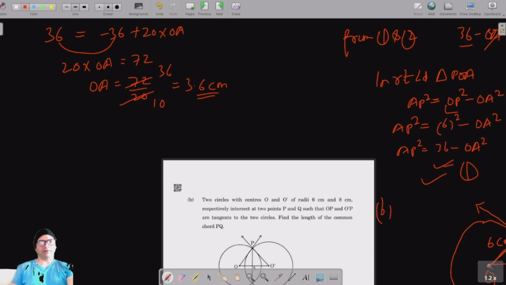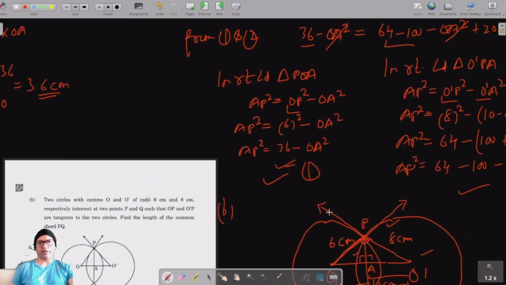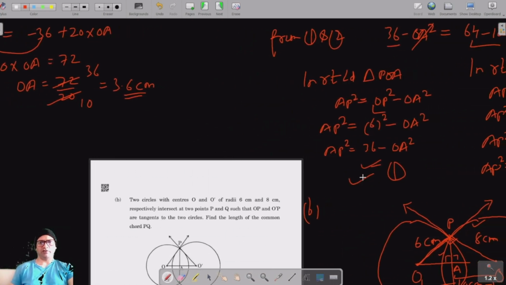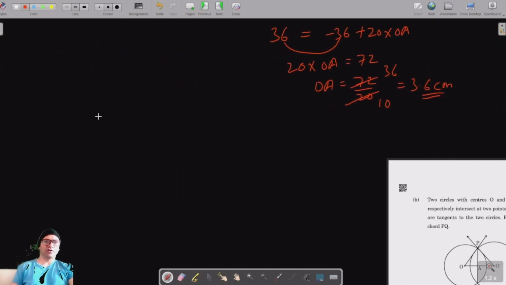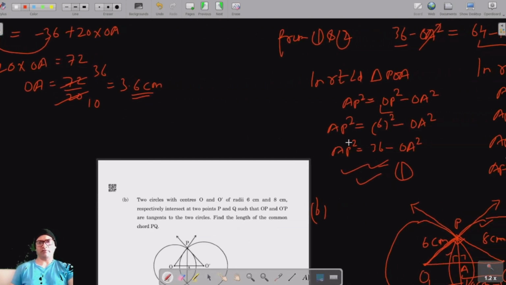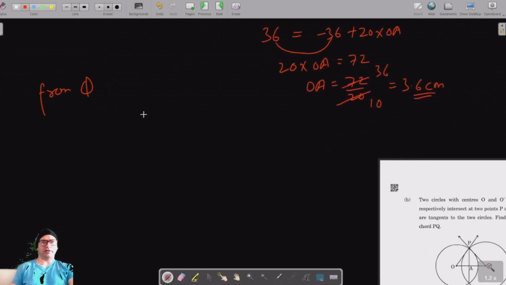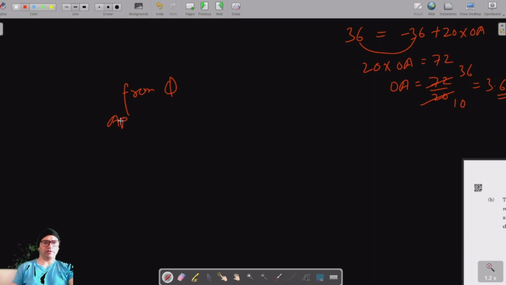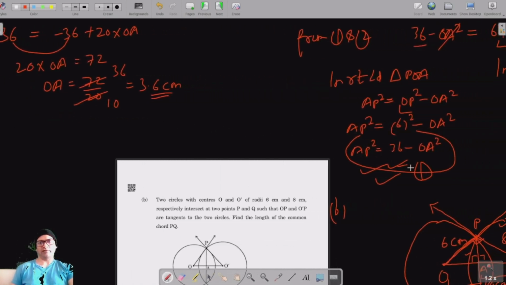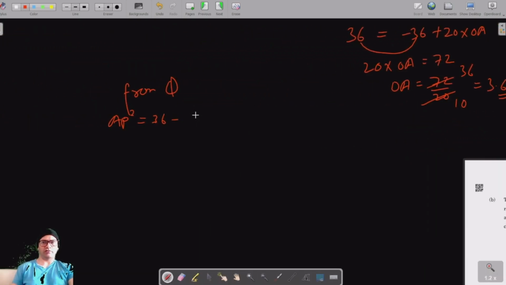But we have to find the length AP. So let's use equation 1. So 1 was the equation AP square is equal to 36 minus OA square. So OA square is 3.6 the whole square.